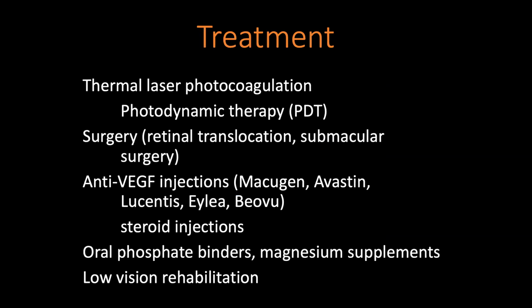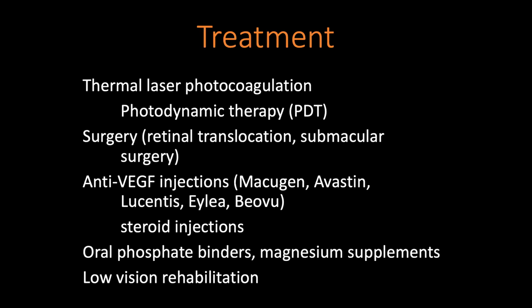There's a little history lesson here. Laser photocoagulation was the treatment of choice for these abnormal new vessels that were not in the center of the eye. This was prior to the advent of our anti-VEGF injections, which we will talk about in a moment.